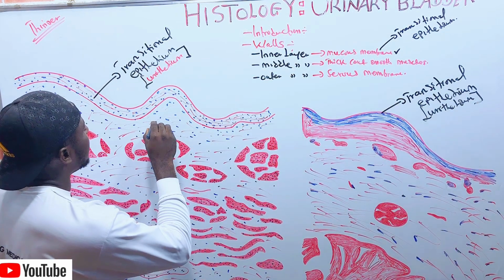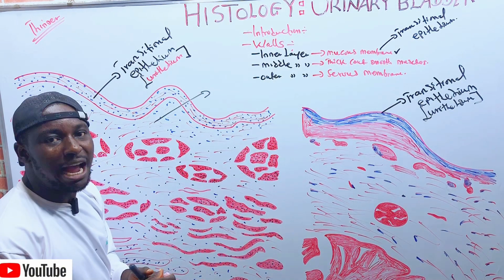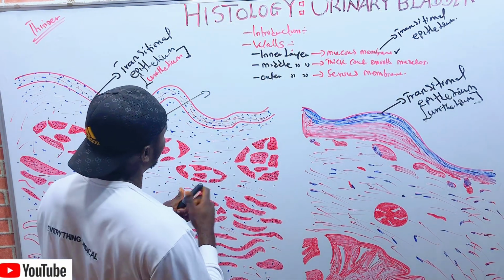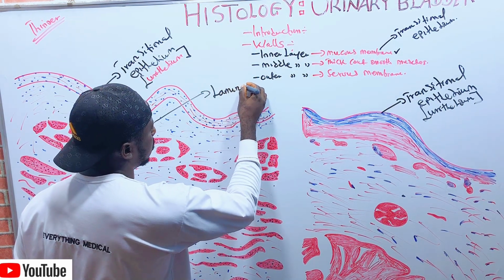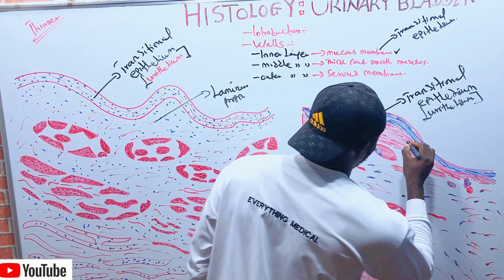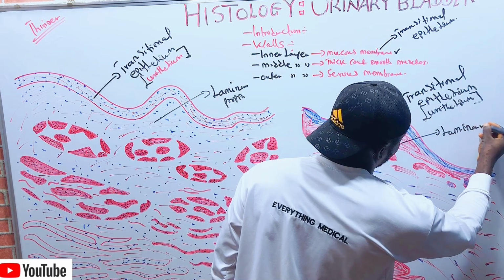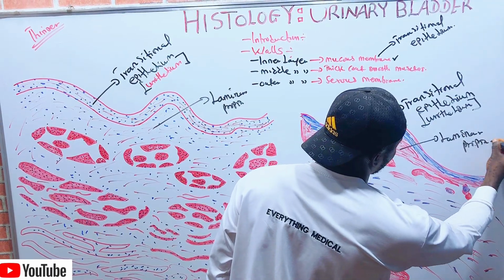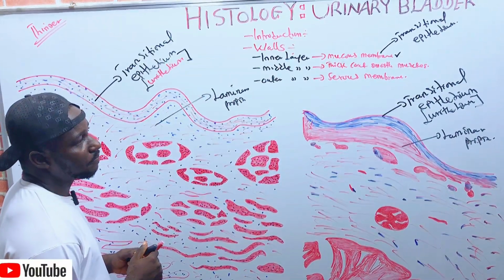Now, here is the lamina propria. It is a specialized connective tissue upon which the transitional epithelium rests. Here also is the lamina propria. So that is how they are fashioned.